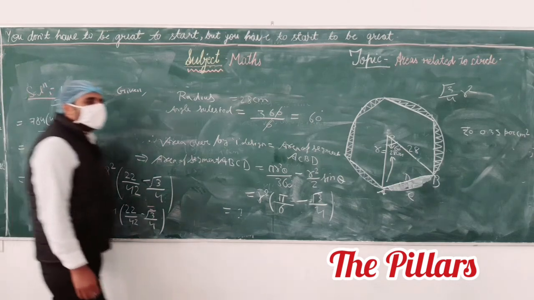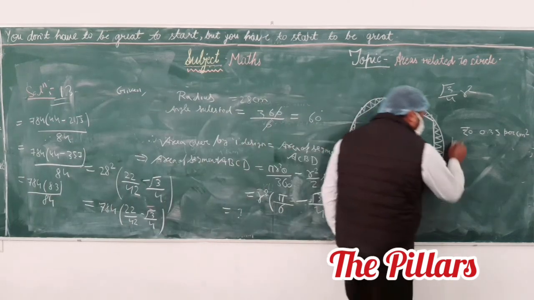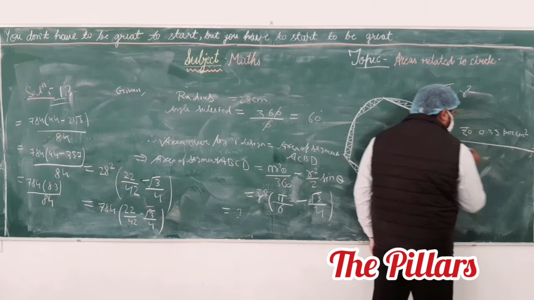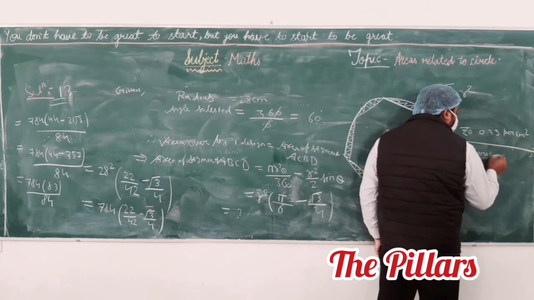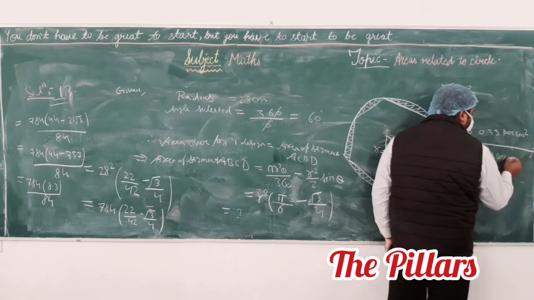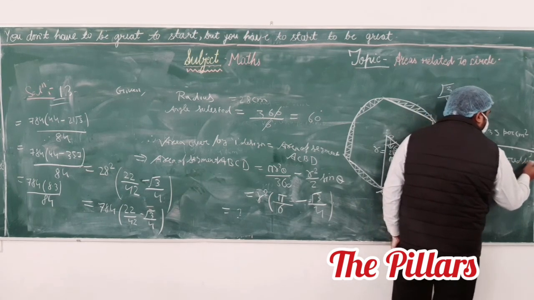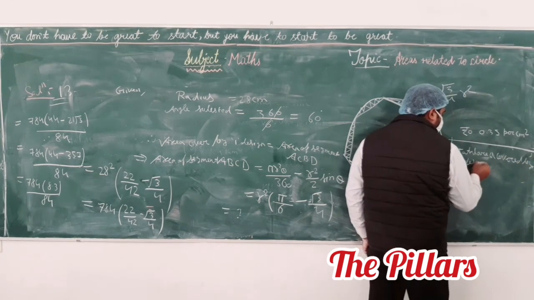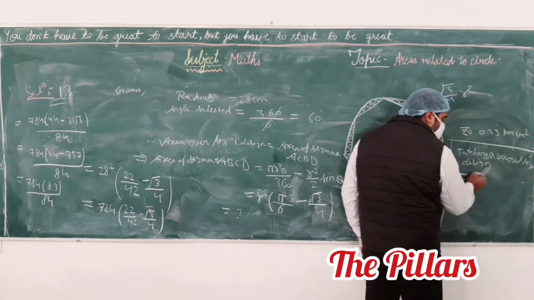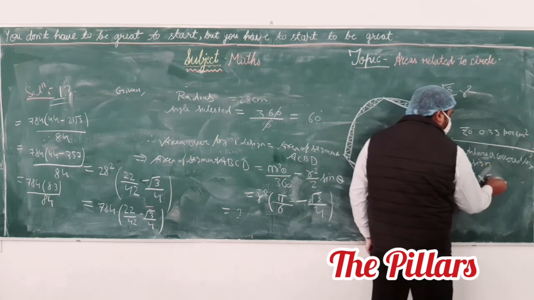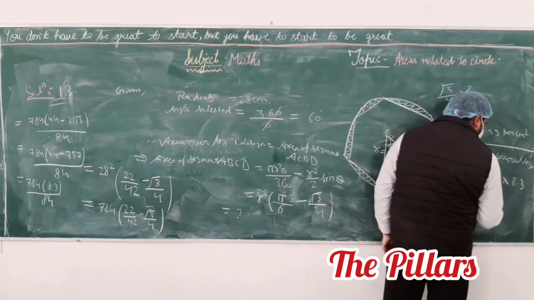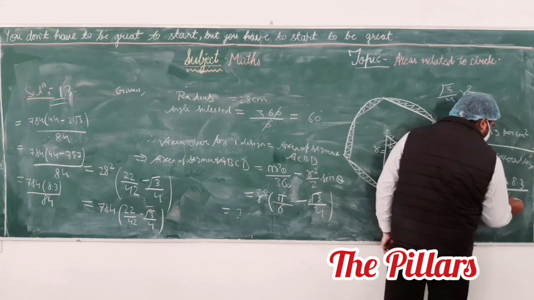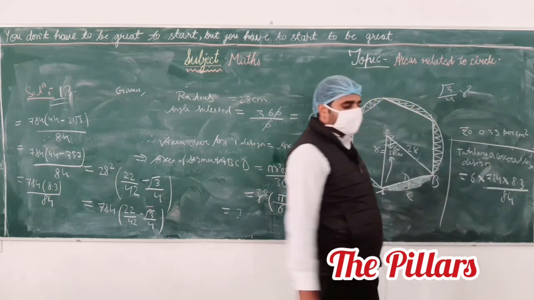Therefore, the total area covered by the design equals 6 into 784 into 8.3 divided by 84.